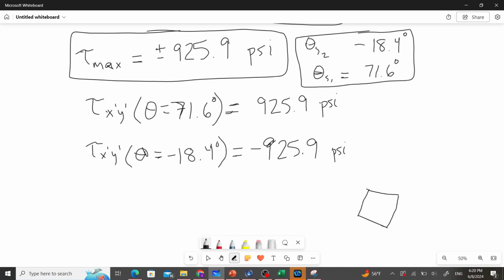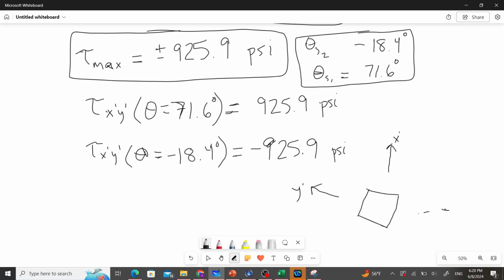If we were using the stress transformation equation for 71.6 degrees, that would be as if we were saying that our x prime was in this direction and our y prime was in this direction. So we're rotated 71.6 degrees from the x-axis.